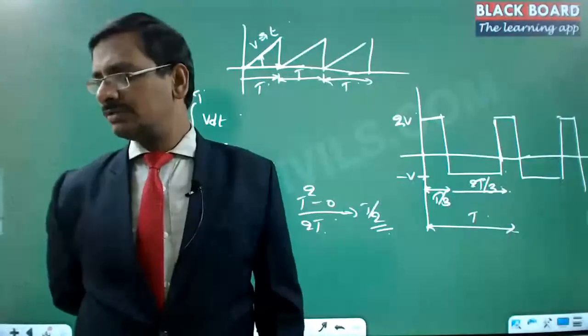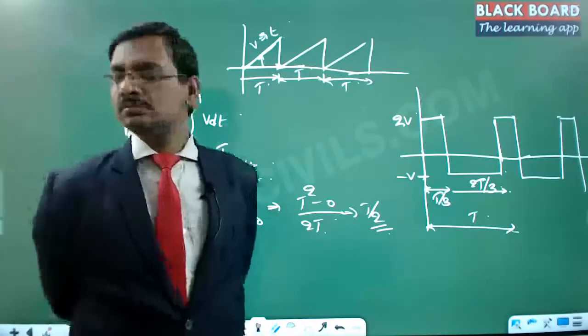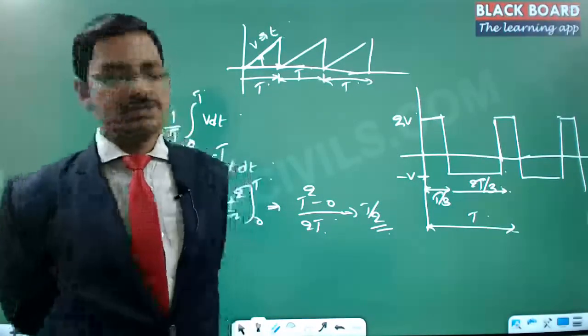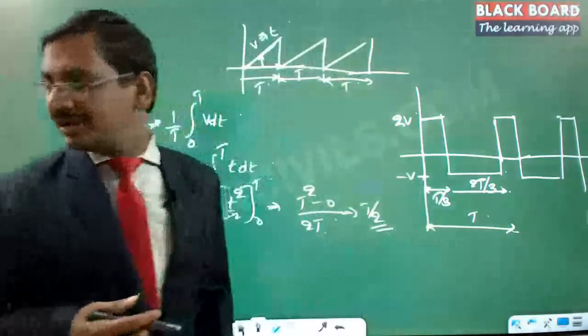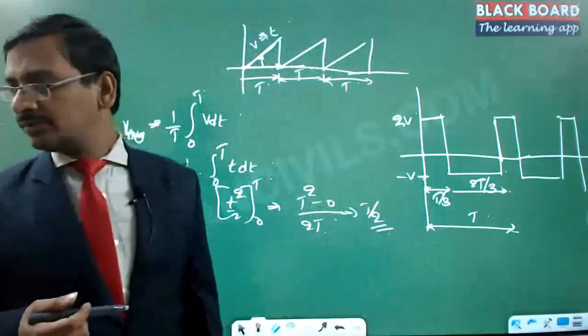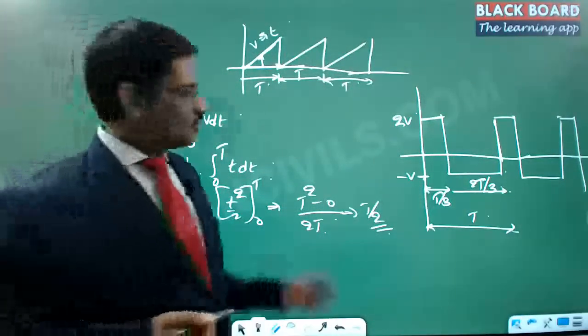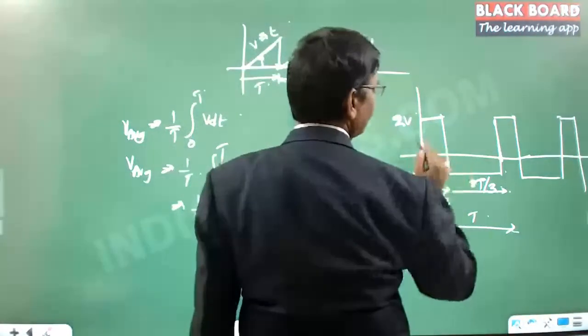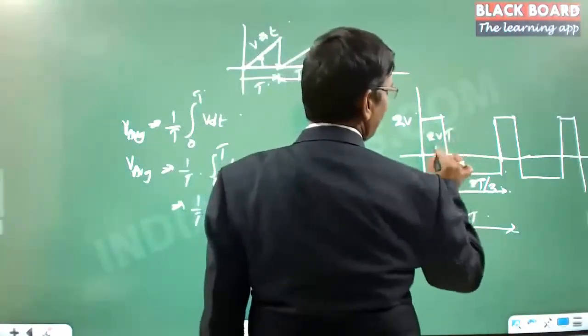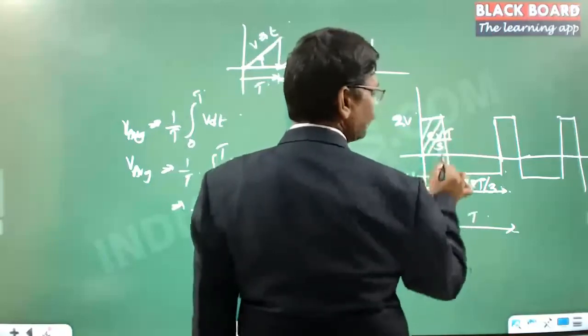What is the average value of this? Is it 1 by 3? Okay, let me tell you, but T should be there, right? Is it T by 3 you mean? Okay, by looking at this I will just explain. See, this is 2V and this is T by 3, so 2VT by 3 is the area here.